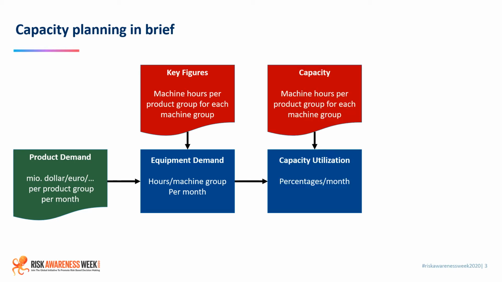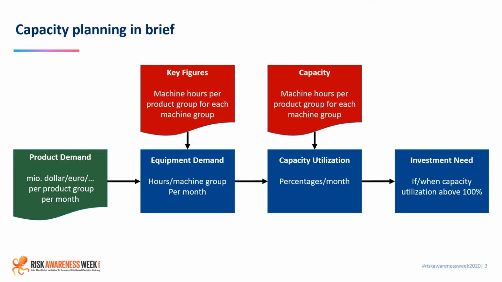And based on that, you look at what is your capacity, how much do you have already, and what is utilization. And based on that utilization, you can make decisions on when you need to invest or when you can divest if there are equipment you don't need anymore or you don't need that much of.